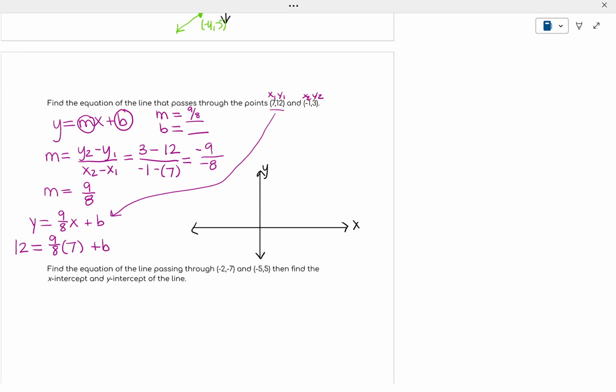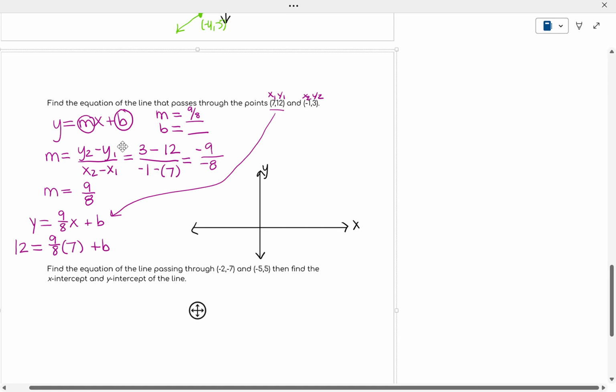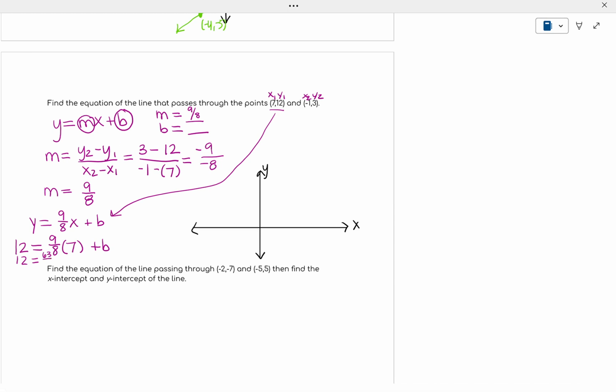And so now we'll solve for b. So this becomes 12 equals 9 times 7 is 63 over 8 plus b. And so then I'll move this work up here.